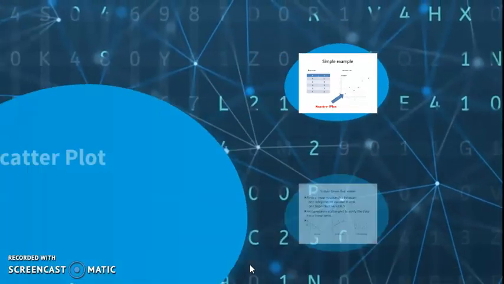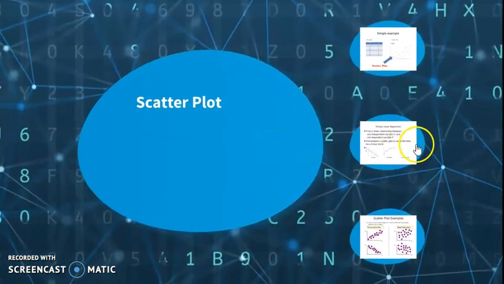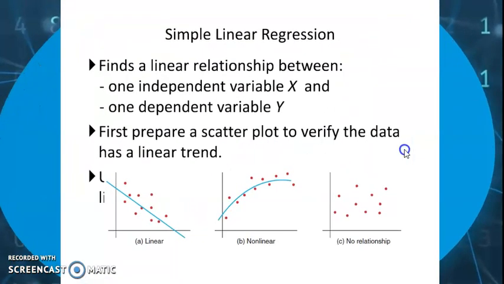Now the question arises, why am I telling you about the scatter plot? Because our linear regression will start with the scatter plot only. When I say linear regression, we find a linear relationship between the independent variable x and the dependent variable y.